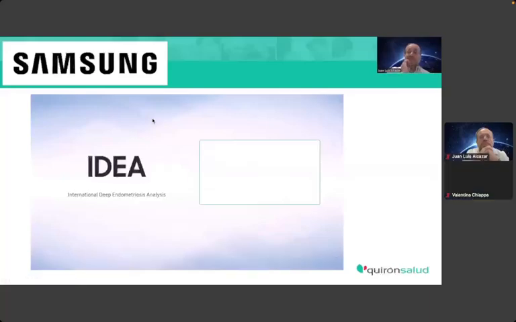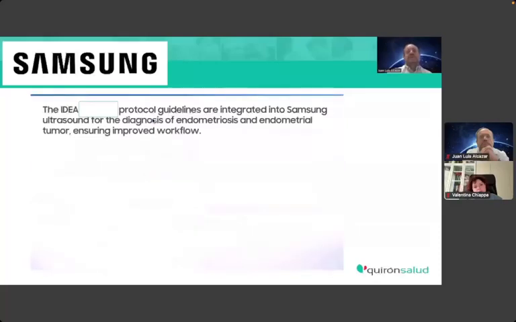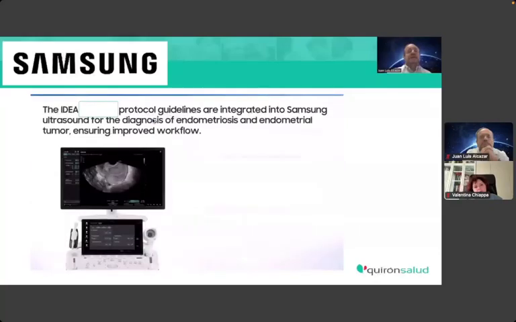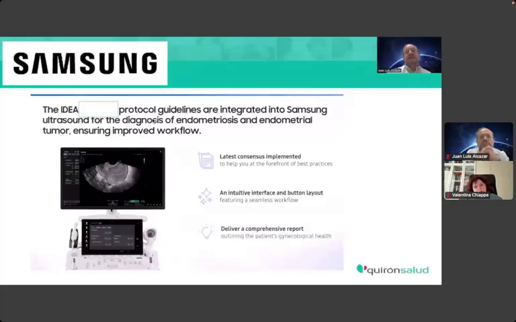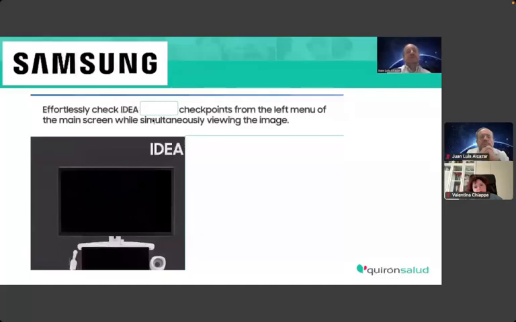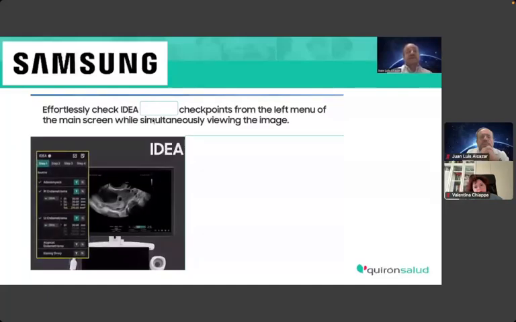Well, Samsung has developed an inbuilt protocol to follow all these 4 steps, improving the workflow. When you scan a lady, it's like a GPS, which is guiding you to perform this scan in order to avoid any mistake, any forgetting of steps.